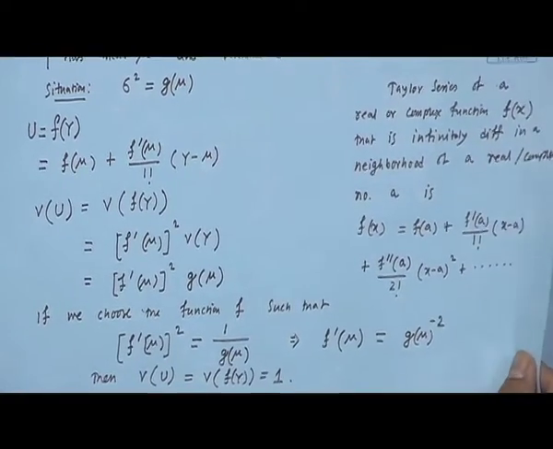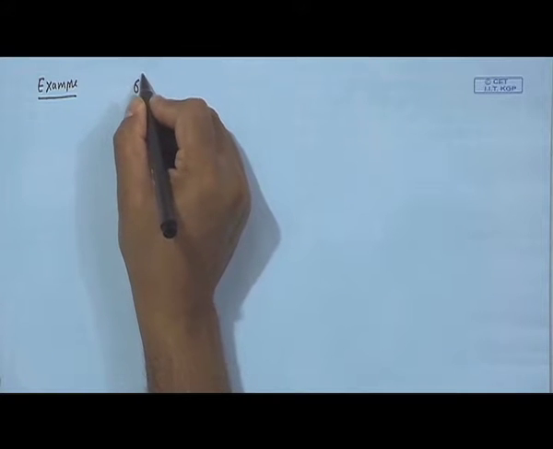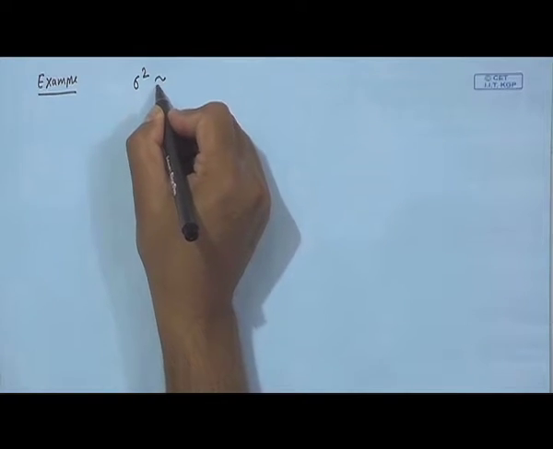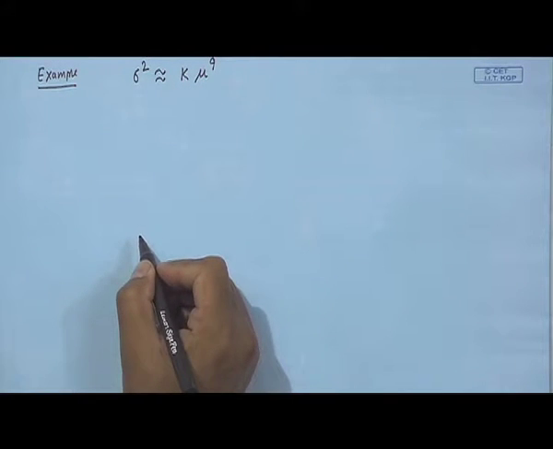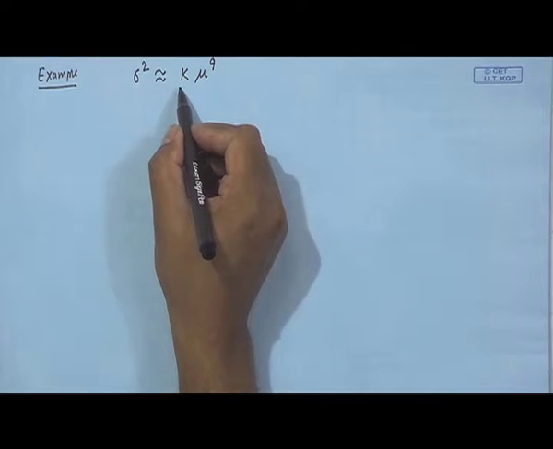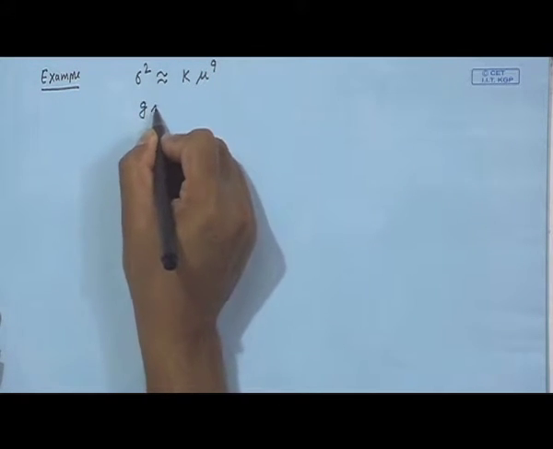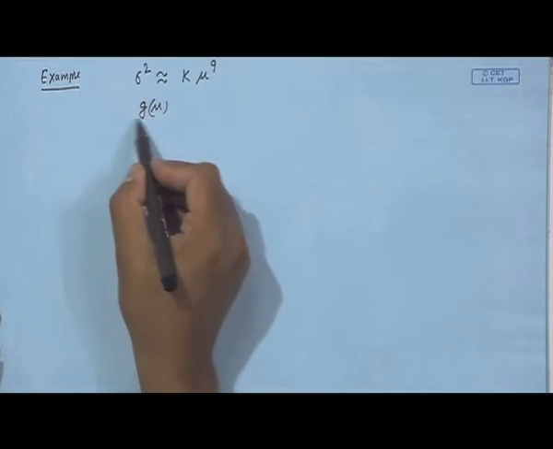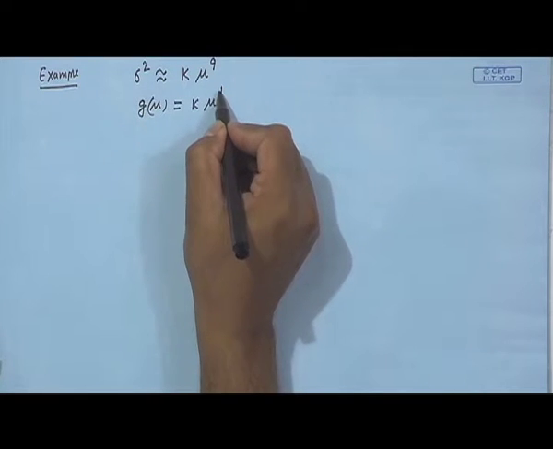Okay. So, let me give one example to illustrate this idea. Suppose the variance of y, sigma square, is approximately proportional to k mu to the power of q. So, that means g(mu) is this quantity. The variance of y, which is sigma square, is a function of mu, and that function is equal to k mu to the power of q.